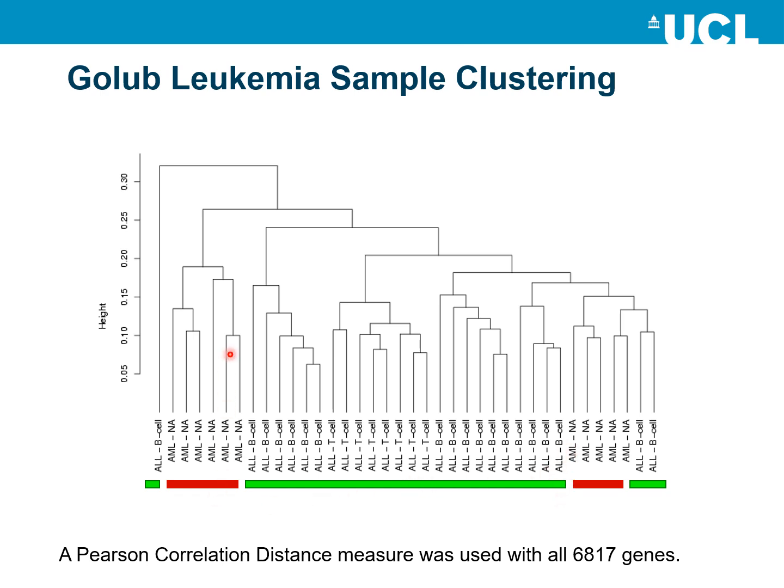But you can see that by and large it's clustered all of the AML samples here, and then by and large all of the ALL samples are clustered here, but there's a mixed cluster here with some AML and ALL, and there is one outlier, ALL here, which doesn't really cluster with anything. It may be contaminated with, say, muscle or fat, and that's why its gene expression profile is different from everything else.